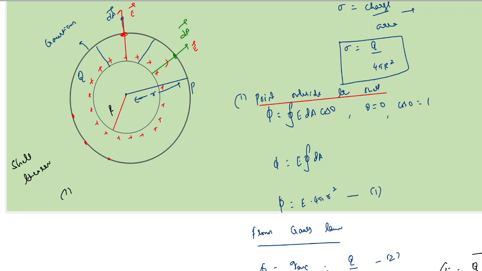What it means is that for any points outside the spherical shell, the shell behaves as if it's like a point charge, which means we can replace this arrangement by a point charge of charge capital Q, and the point P is somewhere here, such that the distance from the center to this point P would be r. So it's equivalent to a point charge.